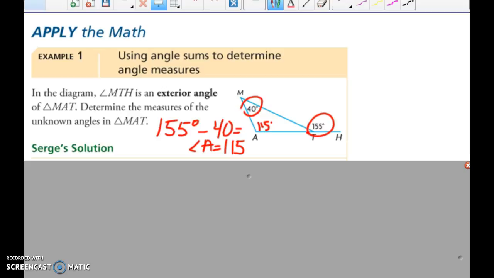And we should be able to find the third one because a triangle adds up to 180. So if you go 180, subtract the 40, subtract the 115 from here, you should be left with our last angle of the triangle. Which would be 25.